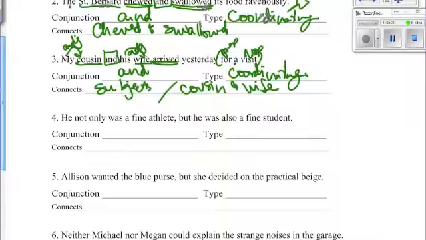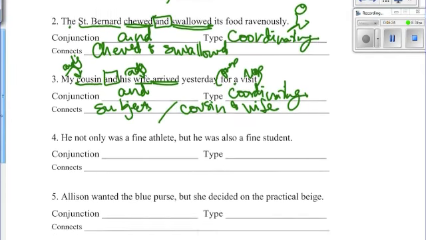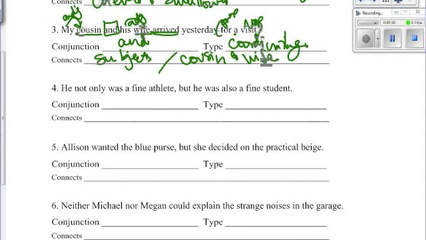Okay. So at this point, you should be getting the hang of it. The only problem is that we've only covered coordinating conjunctions. So let's go to this number 4. He not only was a fine athlete, but he was also a fine student. Well, let's look at the subject. He, and then we have not only, we should recognize that. That is a conjunction, but it's a correlative conjunction.